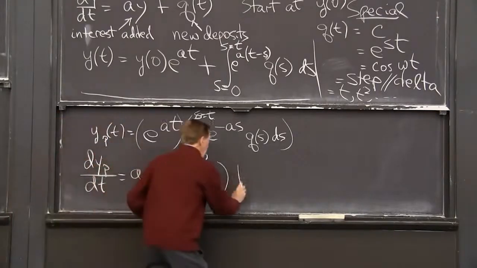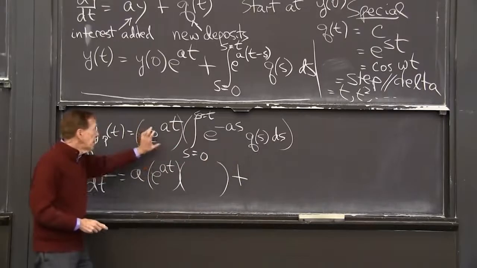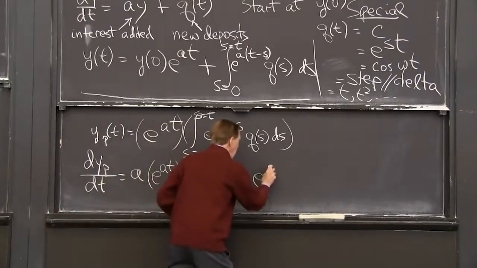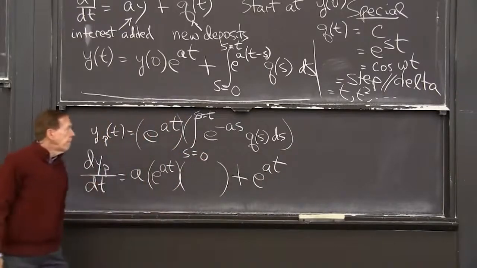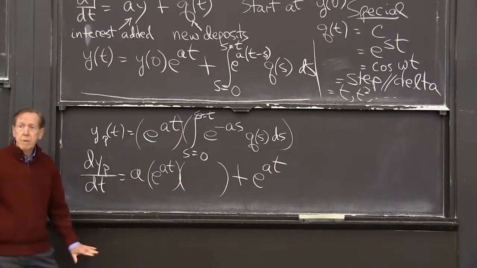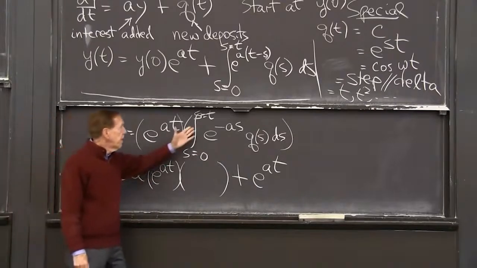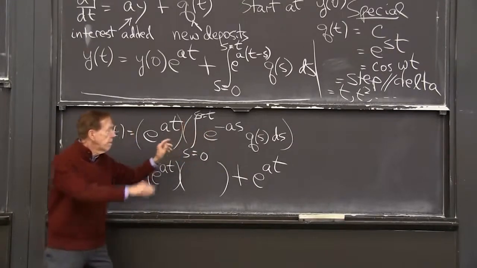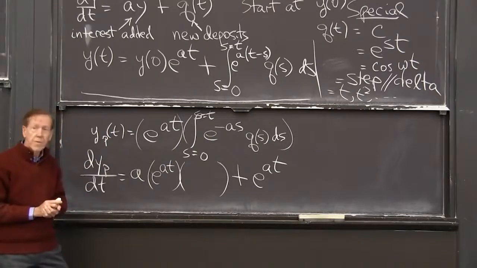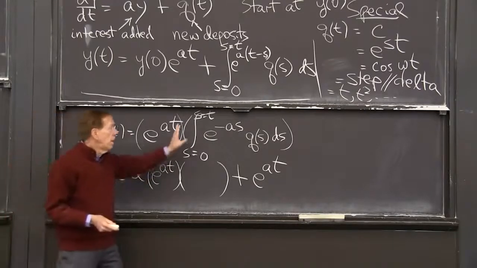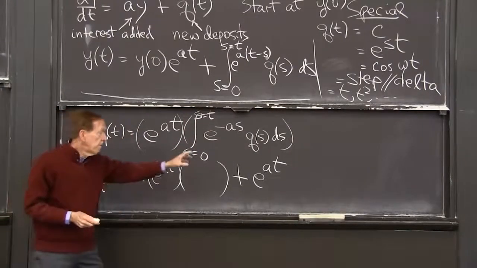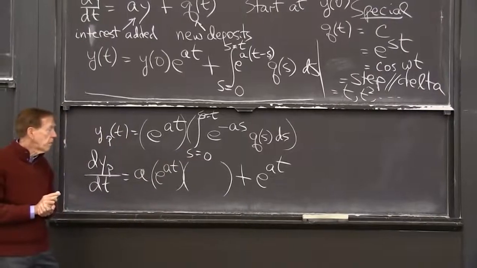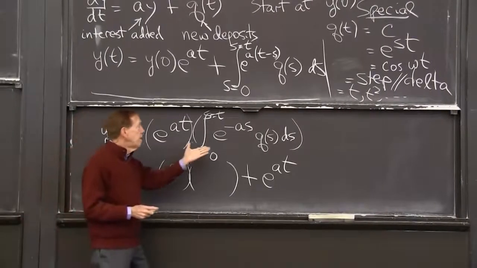But now, the product rule says also I must take that term times the derivative of this term. And that looks messier. What's the derivative of that function? It's a function of t, but it's an integral. What's its time derivative? That's the last piece of the product rule. Well, look what it is.